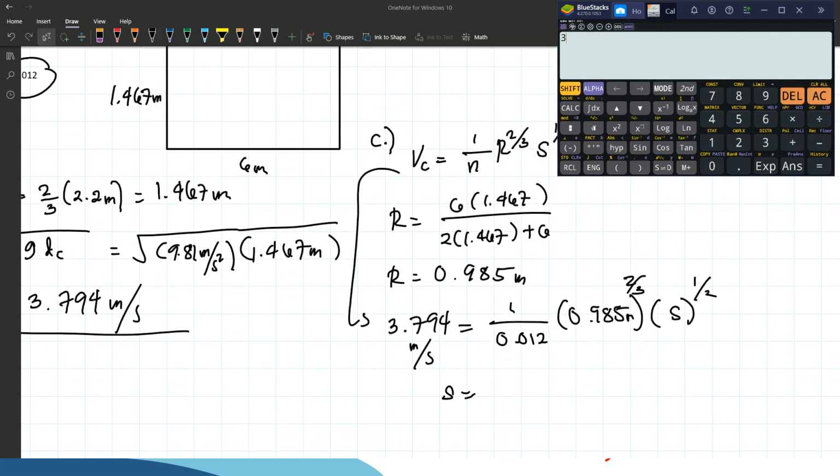S is equal to the slope, and the answer for the slope is 0.0021.